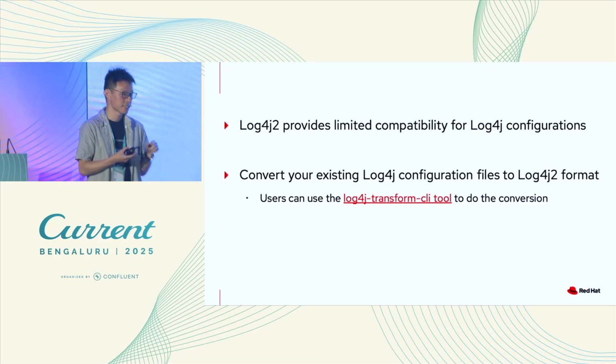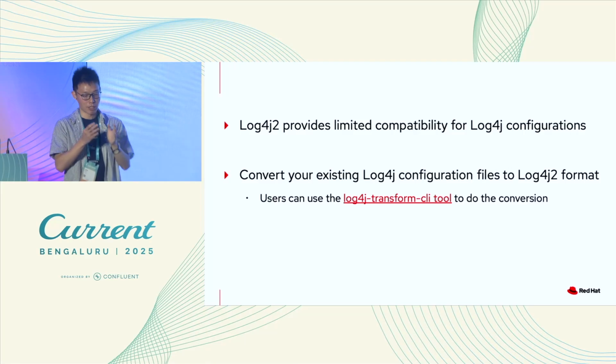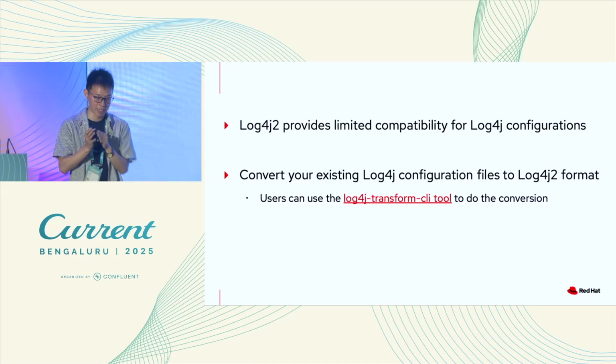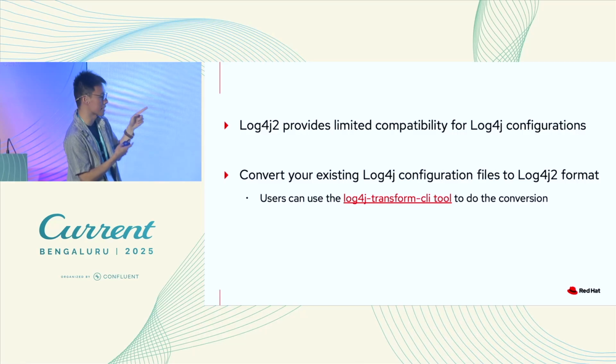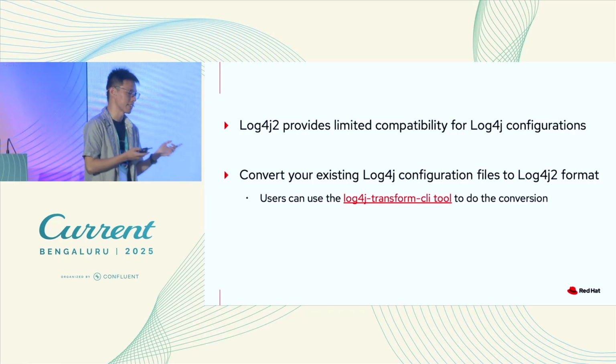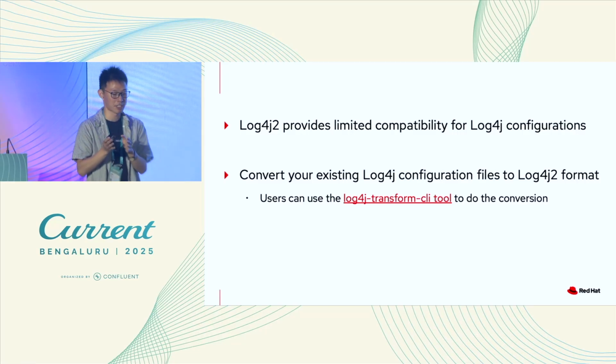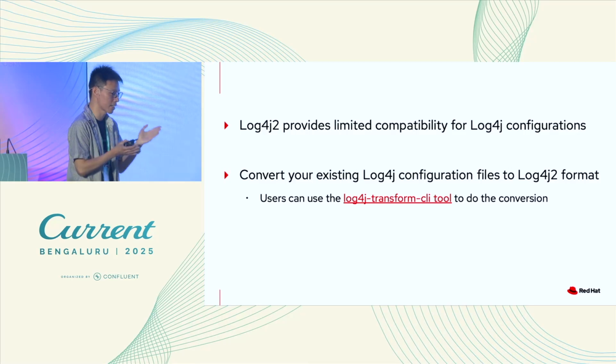That means after you upgrade to 4.0, even if you don't change anything in your Log4j configuration, it should be fine. But we can only say it should be fine. We cannot say you can be 100% fine because it's limited compatibility. We don't know what the limited means if you are configuring some unsupported configuration.